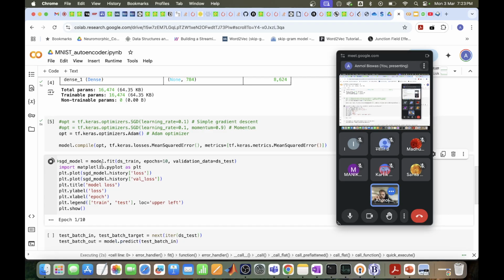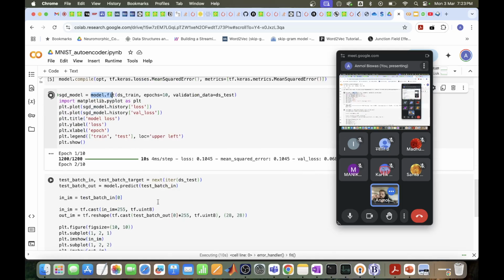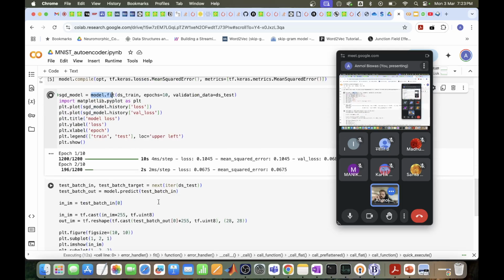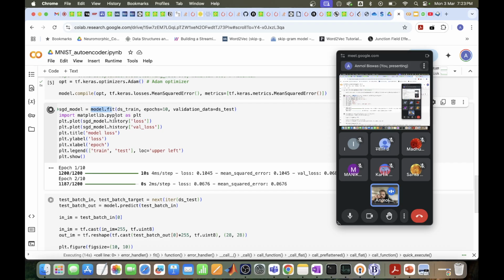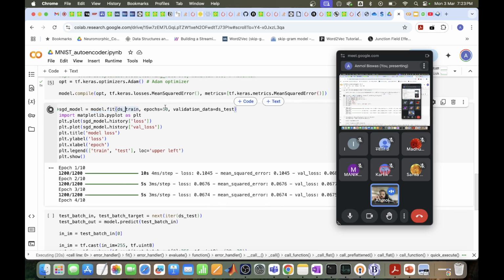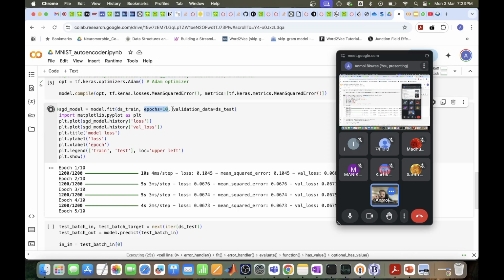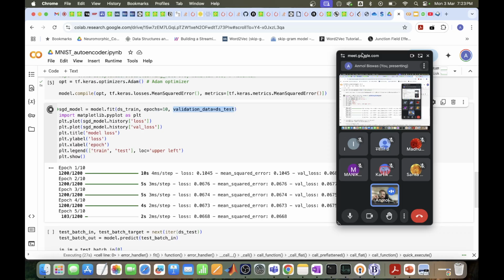So we have set up our model. Finally, there's nothing left but to train it. So just call model.fit, right? And this trains the model with the training dataset for 10 epochs. Validation is done on the test dataset.